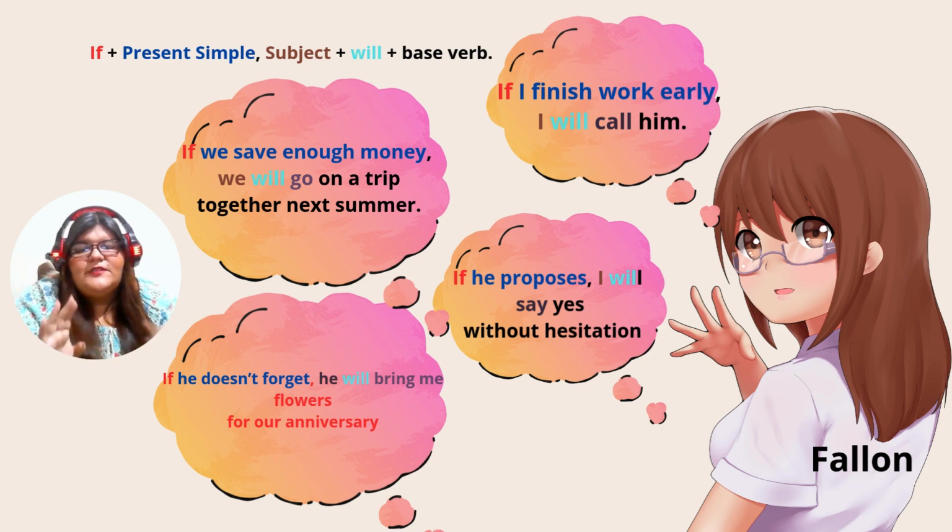So now, to clarify all this information and for you to understand maybe a little bit better, I decided to create this character called Fallon, you see, and she will use if plus present simple plus the subject plus will plus the base form of the verb. If you see here, she is thinking about possibilities in the near future. She's thinking about her boyfriend.